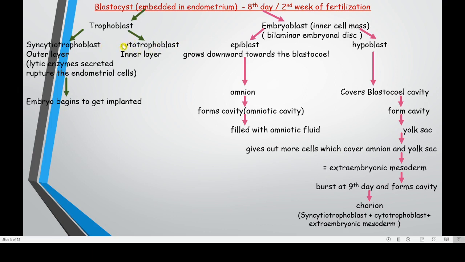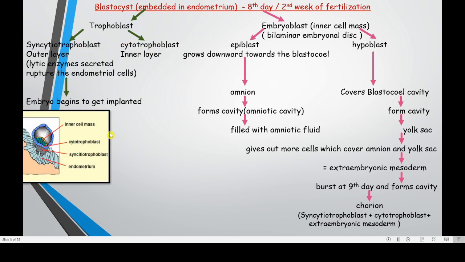Here you can find the cell membrane in the cytotrophoblast. In this diagram you can see this one is the syncytiotrophoblast, and the blue one that you can see is the cytotrophoblast. So these are the layers of trophoblast. Now this syncytiotrophoblast secretes certain enzymes.